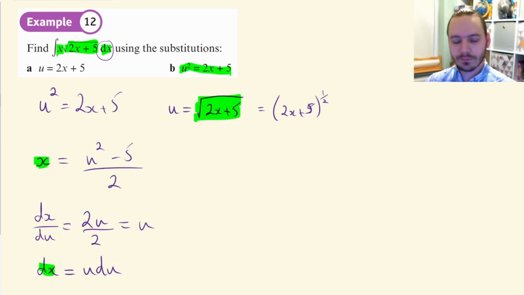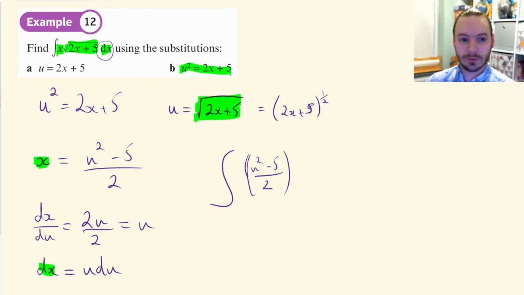So my new integration is going to be, instead of x, I'm going to write u squared minus 5 over 2. Instead of root 2x plus 5, I'm going to write u. And instead of dx, I'm going to write u du. We could do with a little bit of tidying up here.